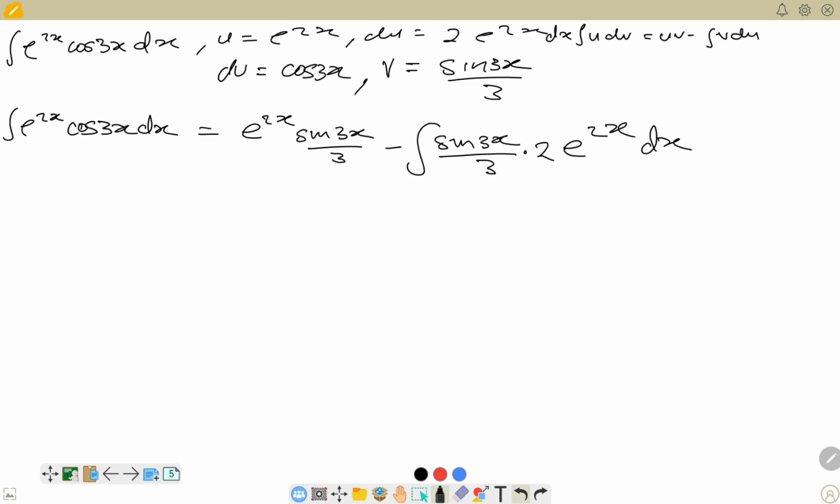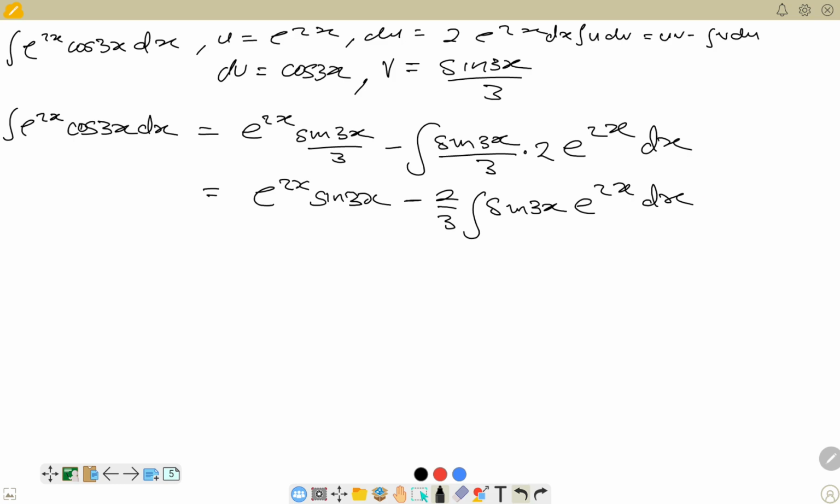Some people don't write it, but we can write it so that we don't forget it again. We can simplify now. If we factor out 2 over 3 outside of that integral, we'll be left with sine 3x e to the power 2x dx.